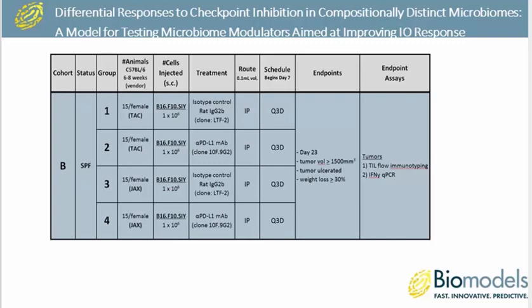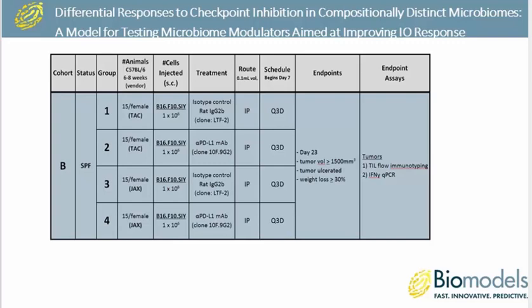So getting into the actual study, here's a study we had the opportunity to perform where we looked at genetically identical animals from different vendors that ostensibly have a different microbiome.